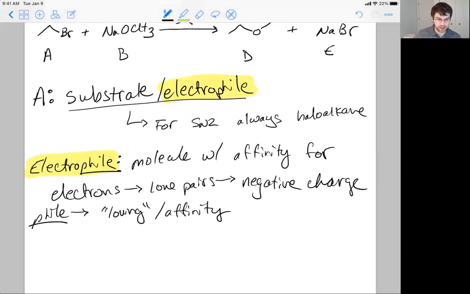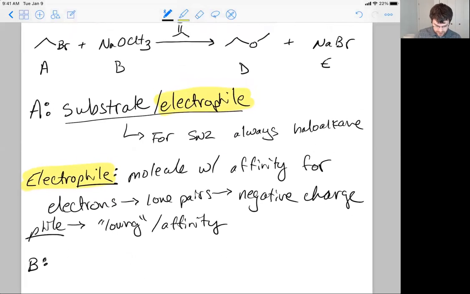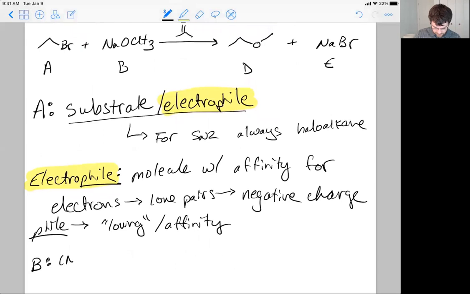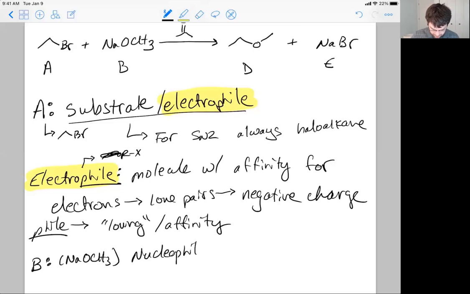Now that's in contrast to B, which was the NaOCH3. I'll write that again down here so you can see it. And the electrophile I'm going to write as RX, and then A is this. So I'm just rewriting some of this. NaOCH3 is our nucleophile.